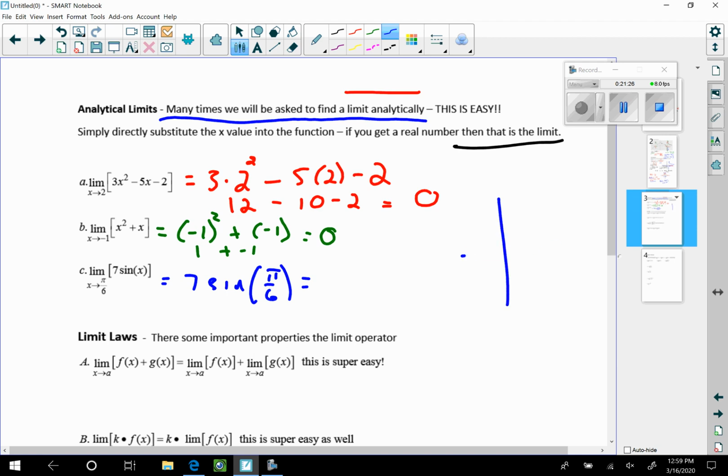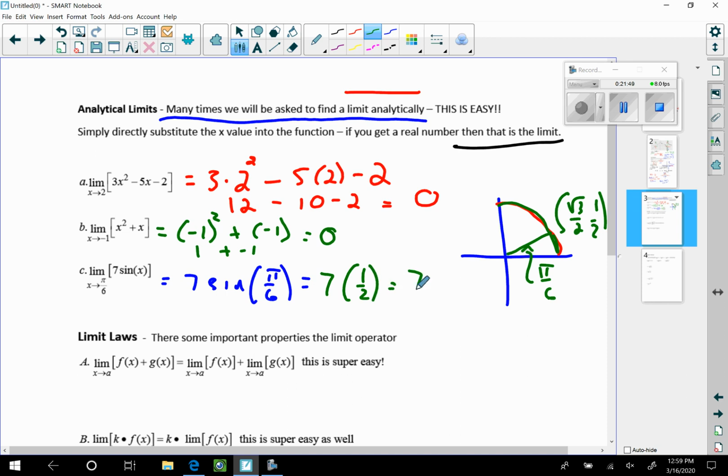If I look here at the unit circle, going back to some long time ago, this guy right here is going to be your pi over 6. That angle right there, this is the unit circle. That point right there is going to be square root of 3 over 2, 1/2. And therefore, the sine of pi over 6 is 1/2. And this is going to be 7 times 1/2, which is 7/2. Very good.